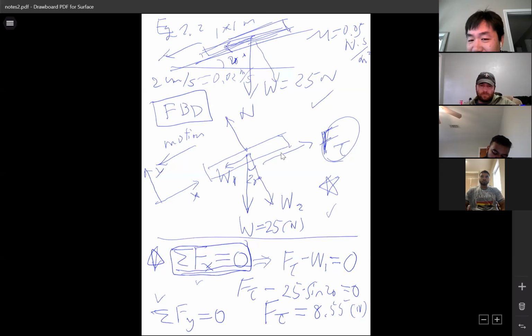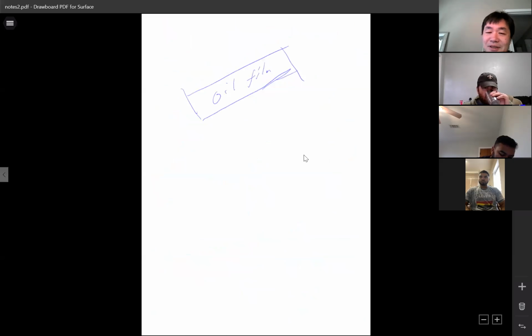The shear force F tau is from the oil to the board. It tries to stop the board from moving down. So by action reaction, what happened to this oil film? The presence of the board applies a reaction force to the oil film, which is exactly the same number, but with opposite direction.